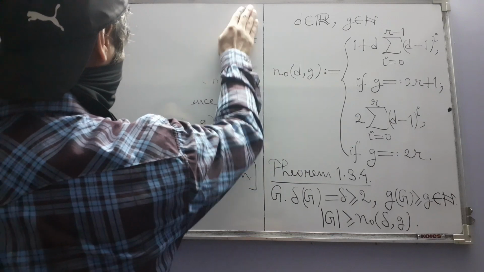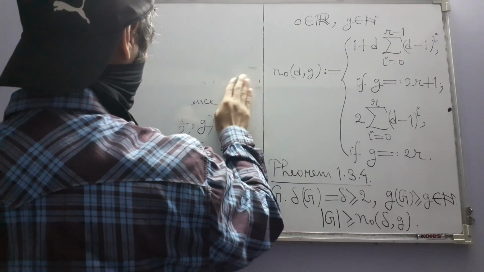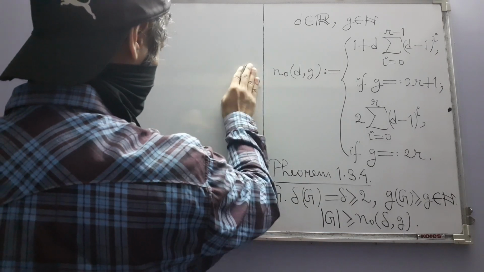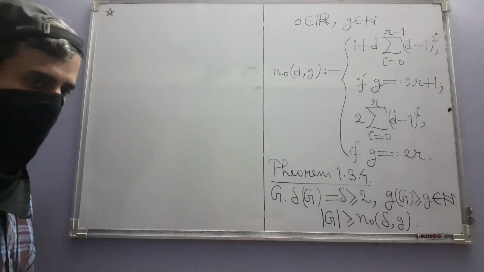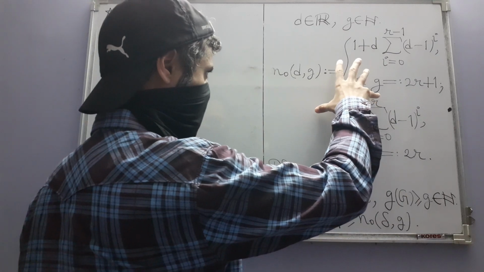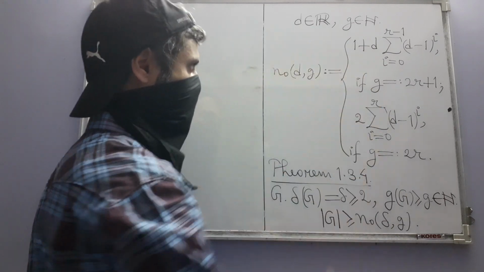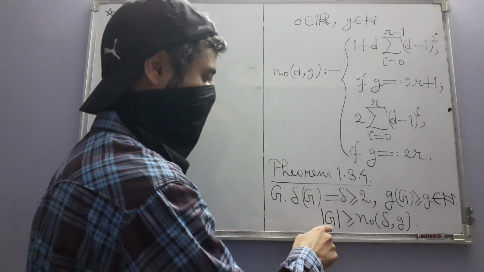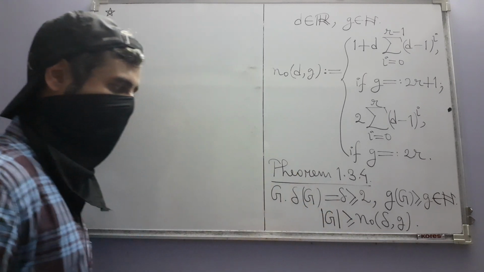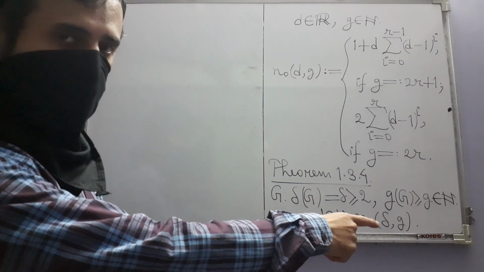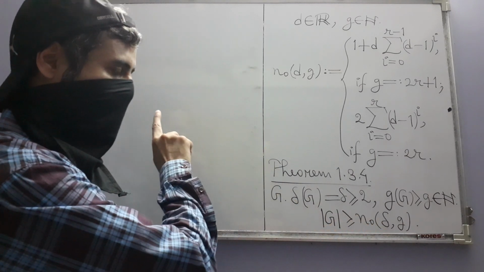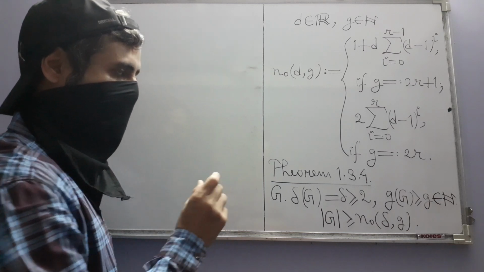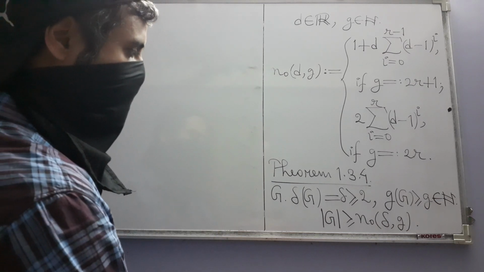And the proof in fact is similar to another result. You go to the text and you will see that before the definition of these quantities, there is a result which gives us an upper bound for the order of G. Here we are seeing a lower bound, there we have an upper bound in terms of girth and something else I can't remember exactly.